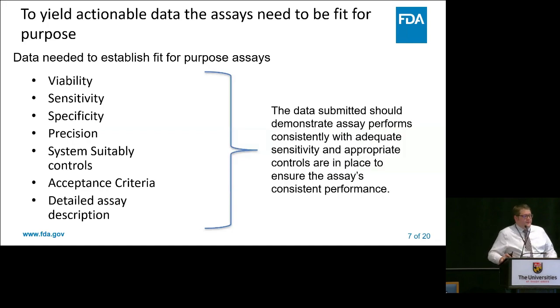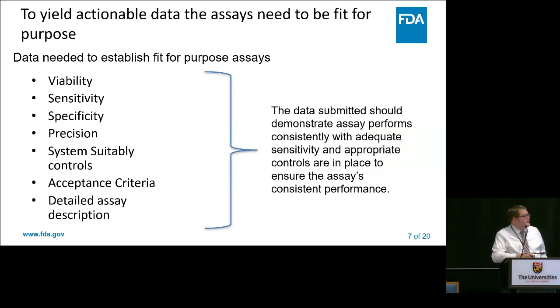So to provide useful information and actionable data, these assays need to be fit for purpose. This is what we've heard a lot of today: fit for purpose. And the purpose of these is to demonstrate that your assay can detect a difference at an appropriate sensitivity.